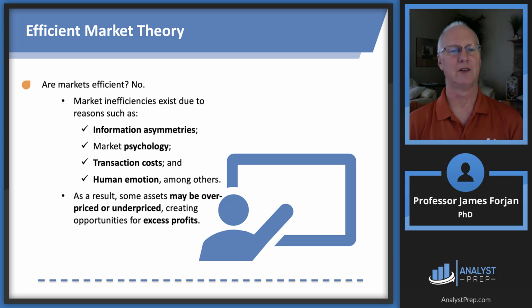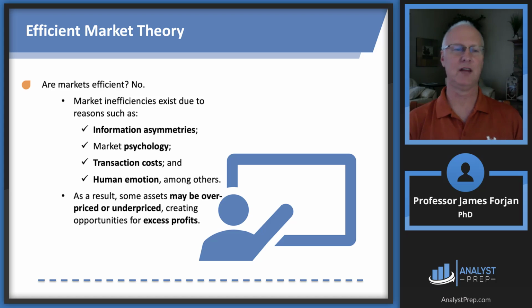So let me go ahead and ask this question. Are markets efficient? Boy, this chapter says definitely no. The way I teach it to my students here is that I say that the markets are generally efficient, but there are pockets of inefficiency because of things like information asymmetries, because of market psychology, because of transaction costs, and because of human emotions.